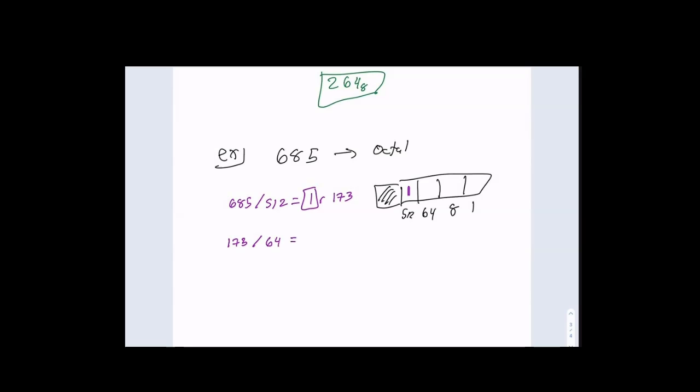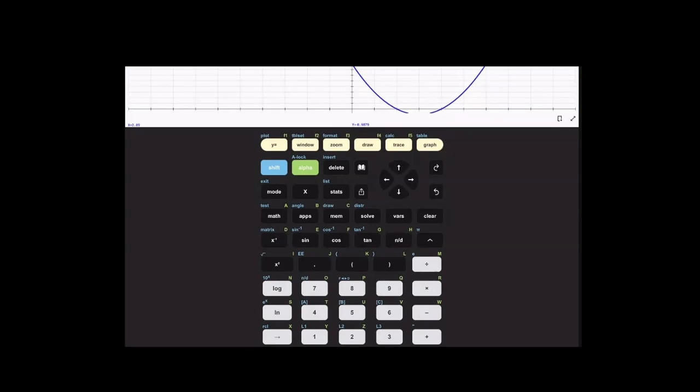How many times does 64 go into 173? Twice, with a remainder. Now, you're wondering how I'm going to do that on my calculator. Well, let me show you. I'm clicking on my computer when it's on my iPad.